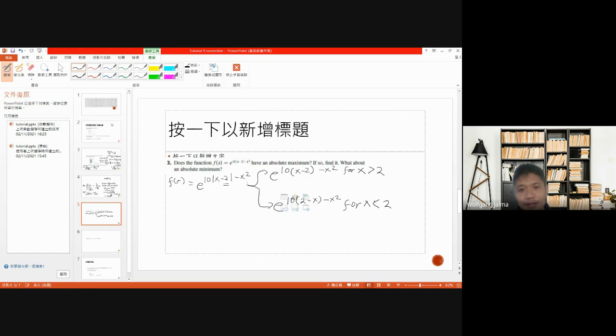And for x equals 2, you can just write this or this, so it doesn't really matter whichever you choose. I prefer to have the third one, e to the minus x squared for x equals 2. But it just shows you how important your understanding of the domain is. Dividing the function by its domain will make the problem much, much, much easier, I think.